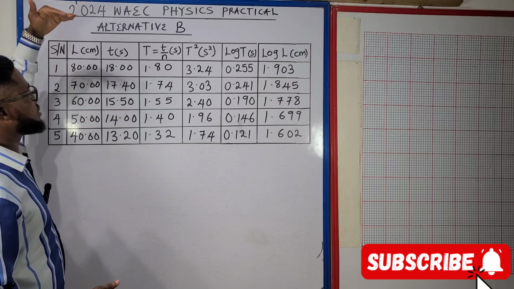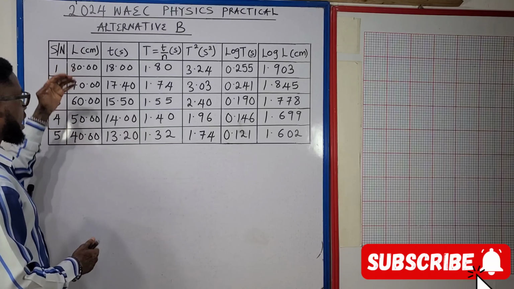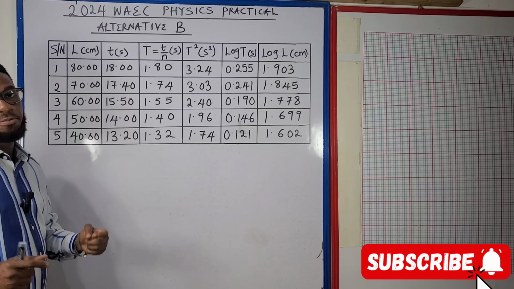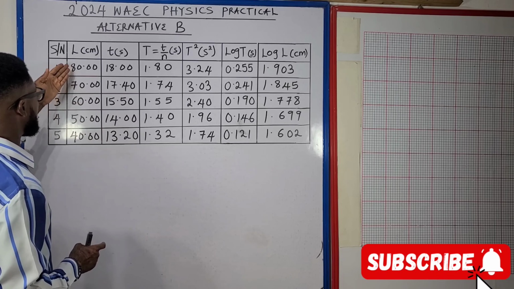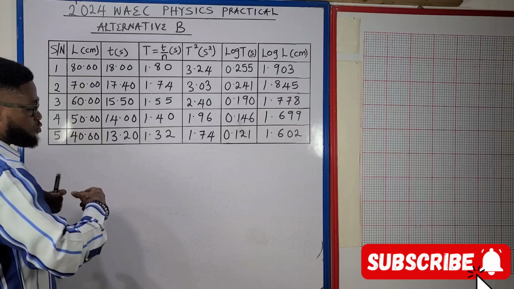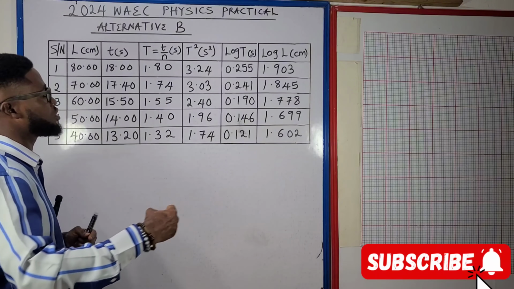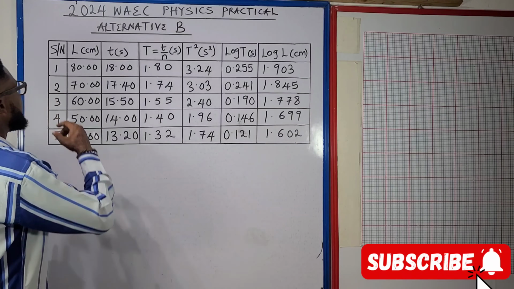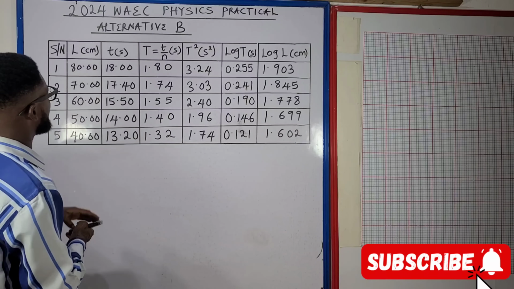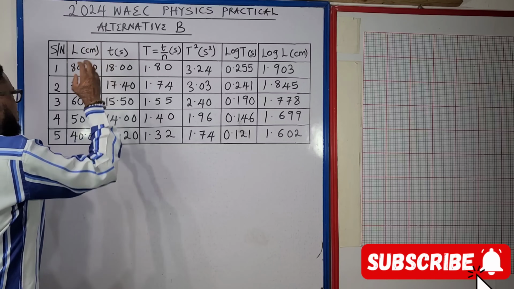When the length from the retort stand to the meter rule is 80 centimeter, and we swing or oscillate or set in motion the meter rule, the timing it took was about 18 seconds.